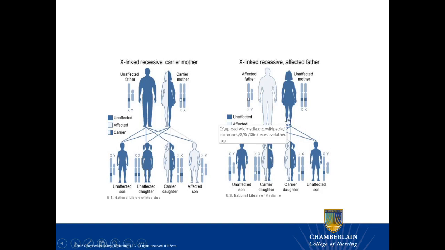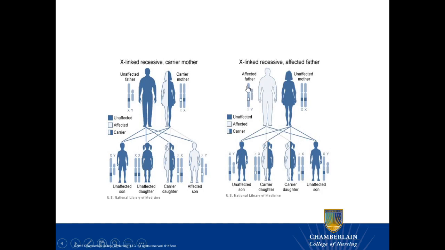So here is X-linked recessive. This father, in this case, has hemophilia. Here's the affected X. Here's the normal Y. Here's two normal X's. So this mom can only give normal X's. This father can give normal Y's. So all of his sons will be normal.